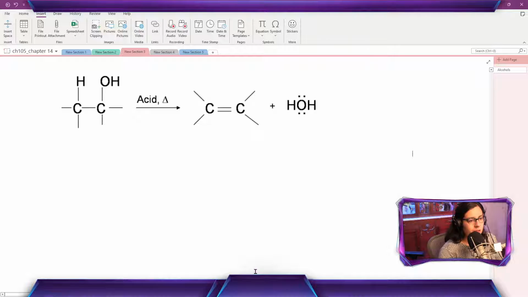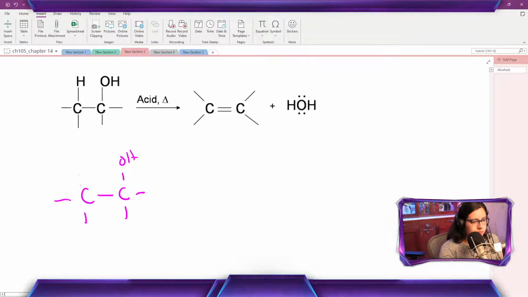So we're starting with our alcohol. And if we react it in the presence of an acid, so let's do sulfuric acid, H2SO4. And I'm writing it this way for a reason.